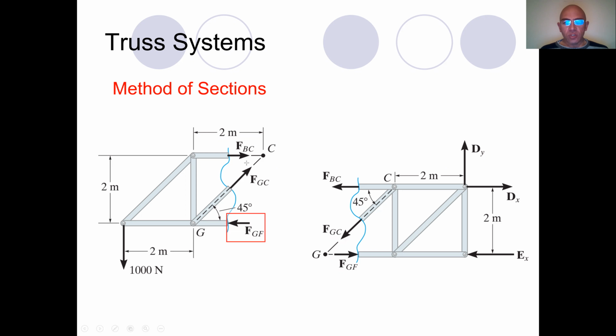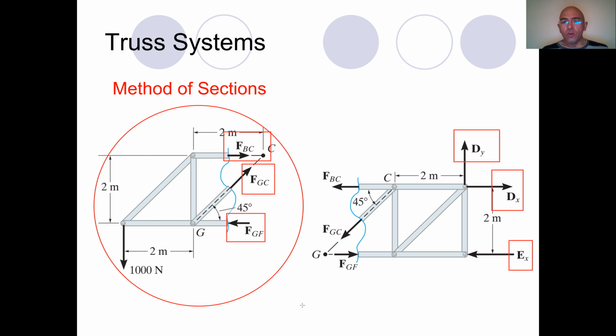But if I choose to solve through the right-hand side, I don't need to calculate the support reactions. Now, I have three unknowns, and this means that I need three equations. Of course, each part has to be in static equilibrium.